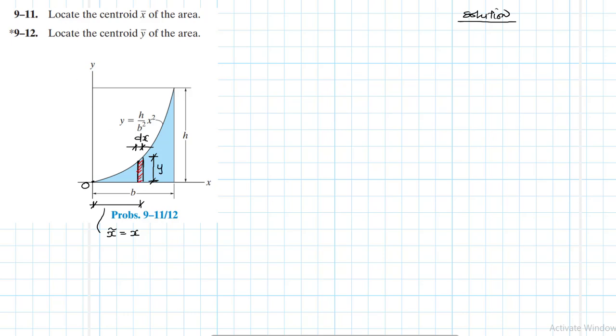Its centroid position in the y direction will be at midspan, so y curled is equal to y divided by 2.